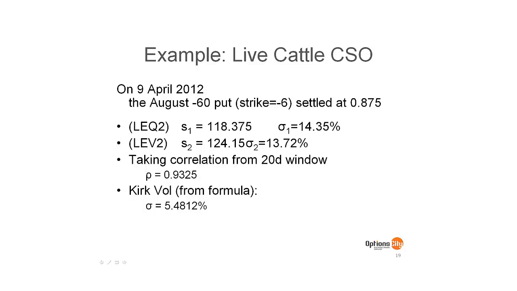Now note that because the correlation was reasonably high, our 14 vol in one leg and our 14 vol in the other leg ended up collapsing a little bit, and we ended up with only a 5 vol that we stuck into the Black formula.